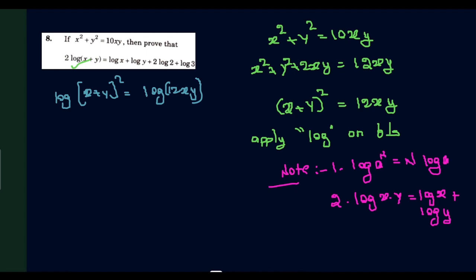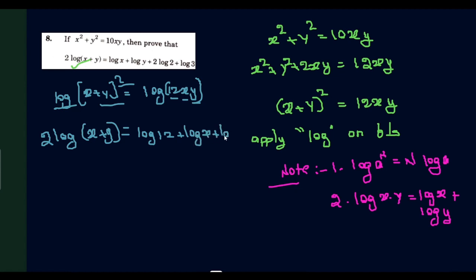The first one, here it is in the form of log a power n, so I'm writing 2 log x plus y. And again, here it is in the form of log a b c, so I can write log 12 plus log x plus log y. And this 12 can be written as 2 square into 3.